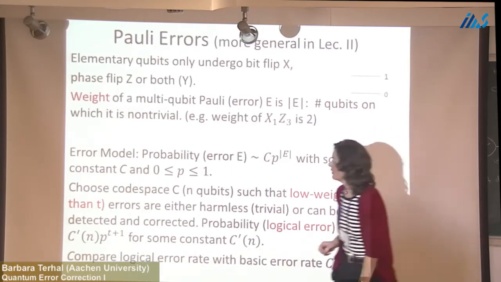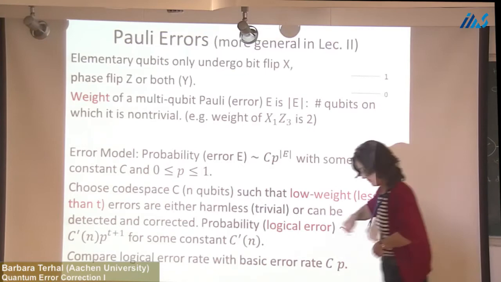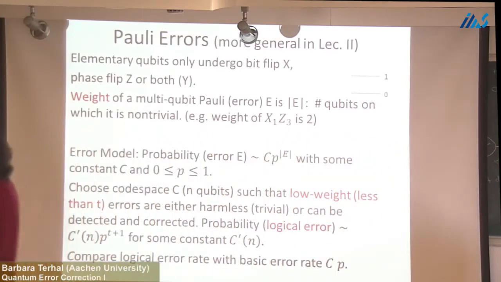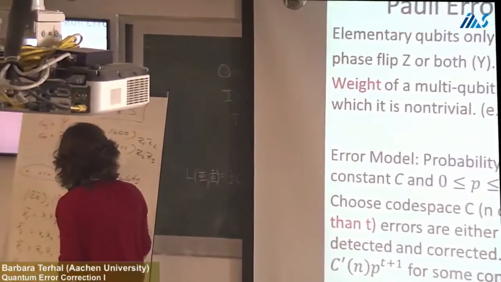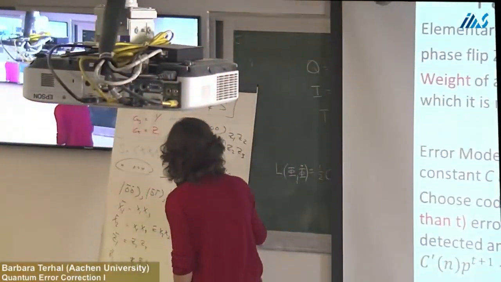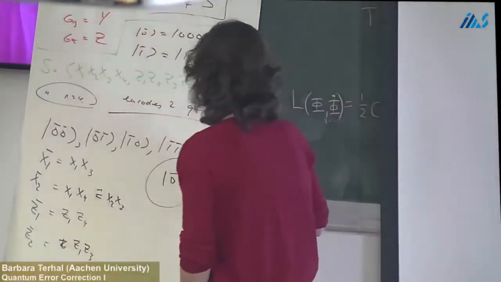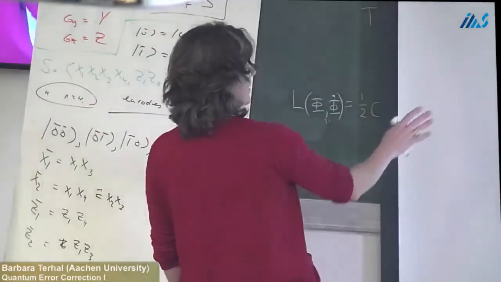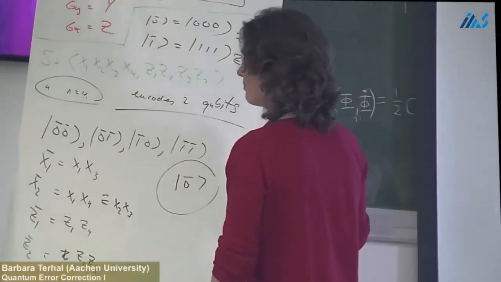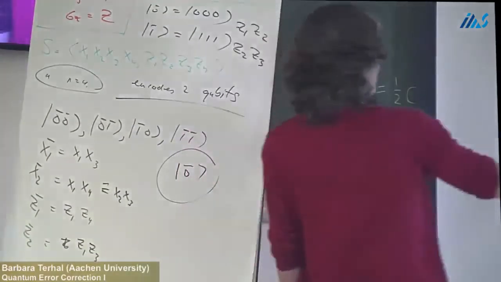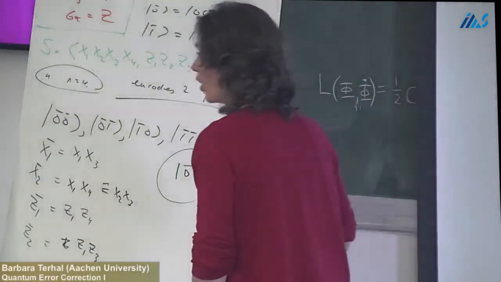So I have encoded now, let me just use the marker, let's imagine I have prepared a logical 0. And that is an n-qubit state. And I have some probability that errors happen. And then I have a step in which I detect and correct any low-weight errors.